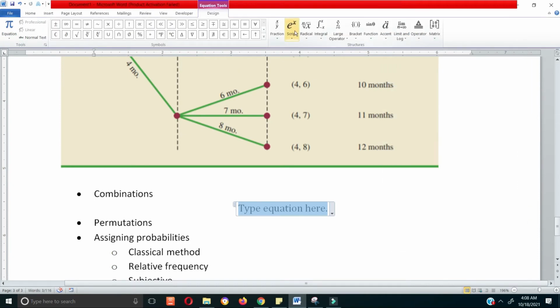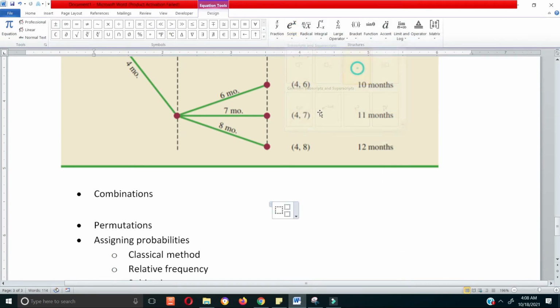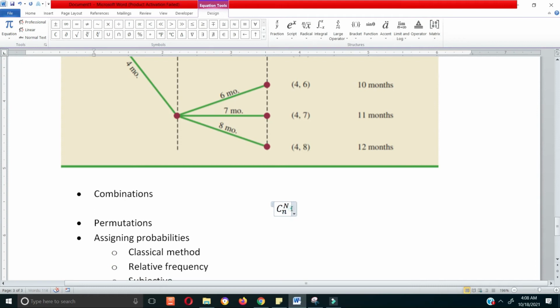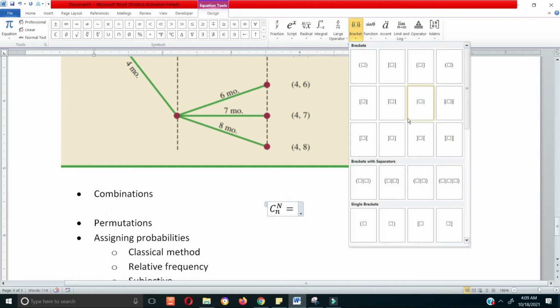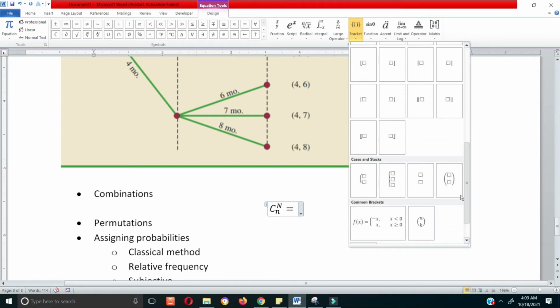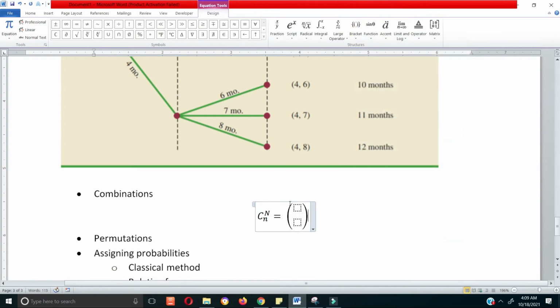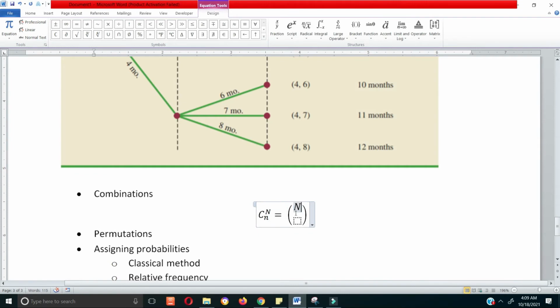Essentially, a combination, if you have some combination C uppercase N, lowercase n, is written like that.